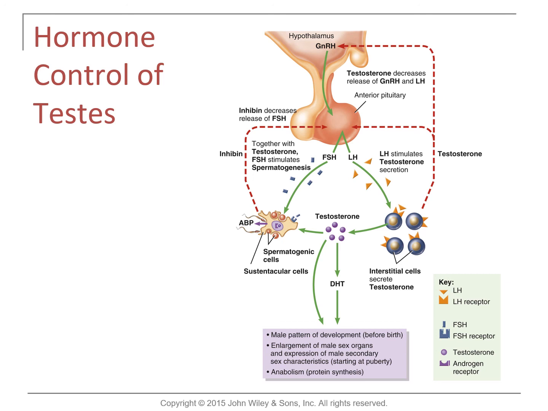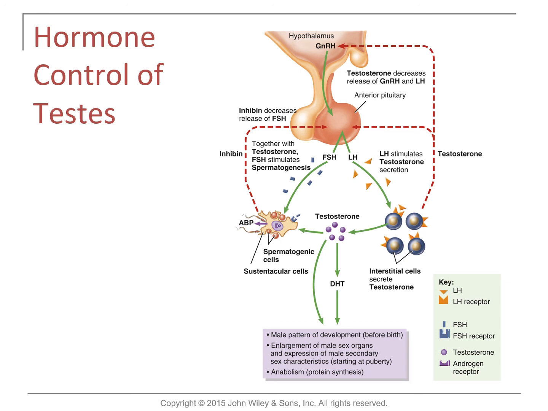Once born, the androgens, testosterone, DHT, and other forms, are responsible for the enlargement of the male sexual organs, and later on the expression of male secondary characteristics which begin at puberty. So what does this include?